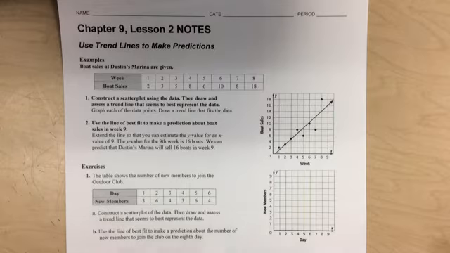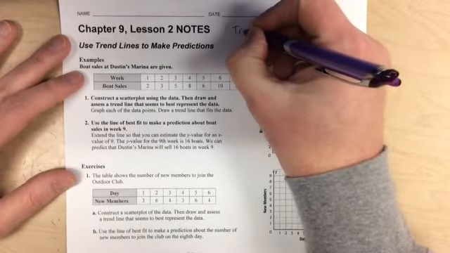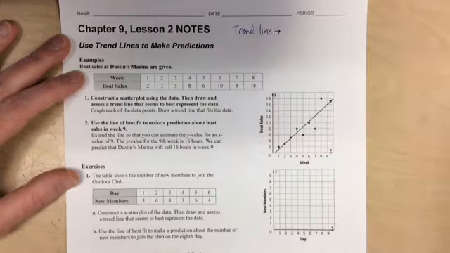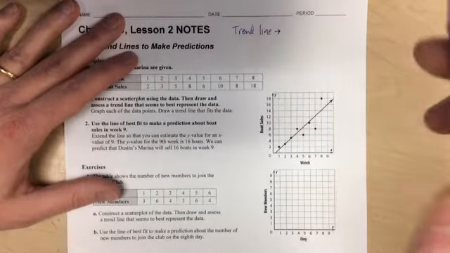The next thing we're going to look at is trend lines in a scatter plot. Okay, so I want you to write up here at the top, trend line. And we're going to write a couple things down about trend line.